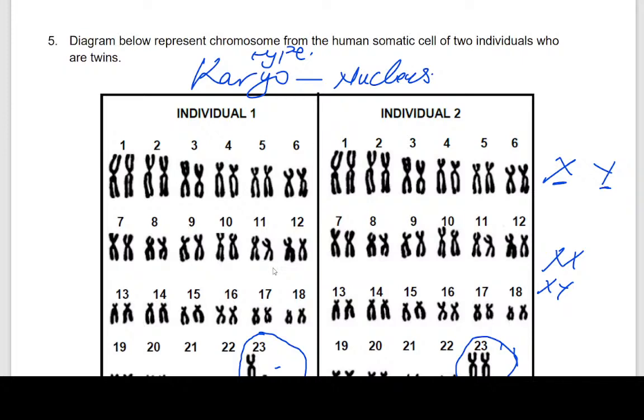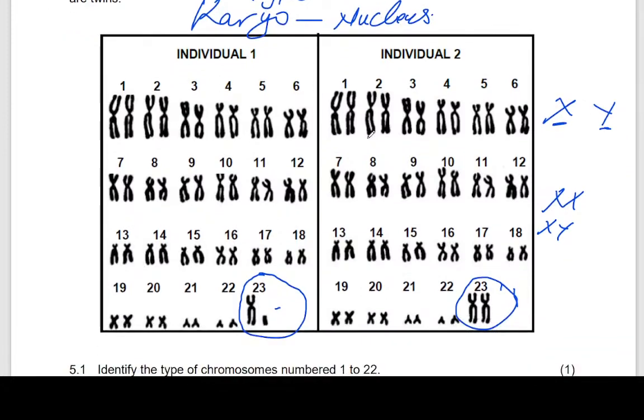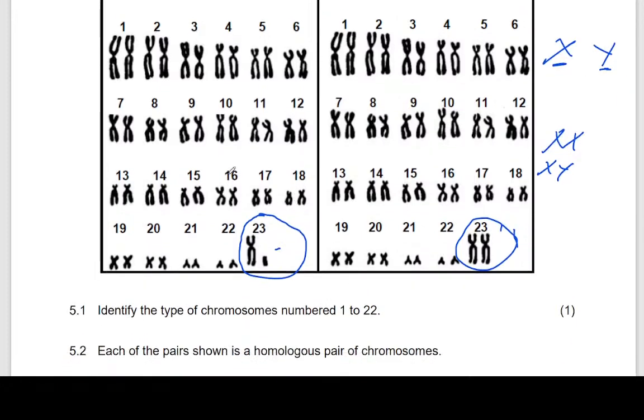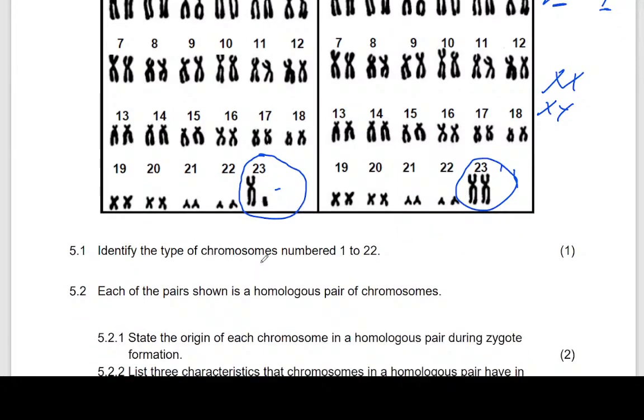So we are saying that this is a karyotype. This is a karyotype for a female, and this is a karyotype for a male. This is a karyotype for a male because of X and Y, and this is the karyotype for a female because of X and X. So identify the chromosomes numbered 1 to 22.